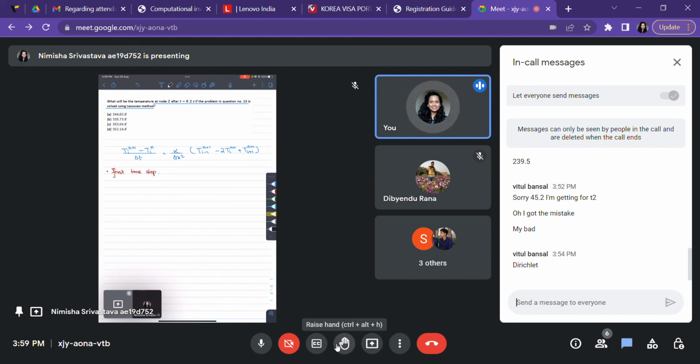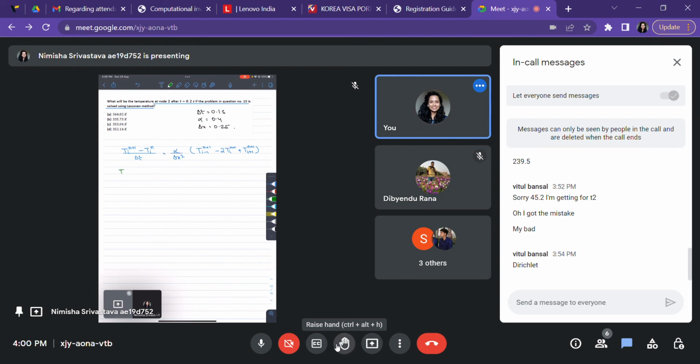Second, delta t is 0.1 seconds, alpha is 0.4, same values as last time, delta x is 0.25. What all do I have? Just write down the list of the givens first.